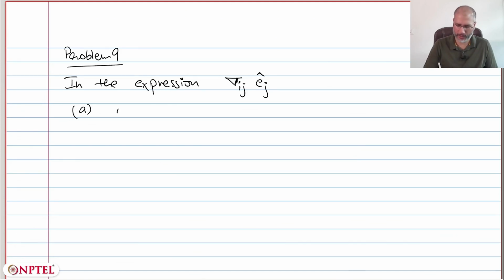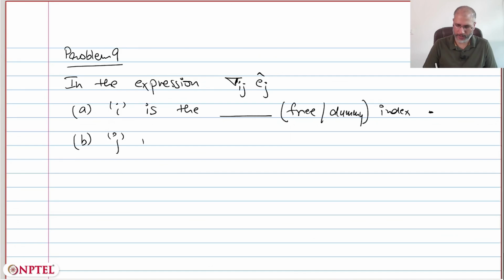The first part says that the index i is the dash index, and we have two options to be chosen from: free slash dummy. The problem B says that the index j is the dash index, and again we have the same two options, free slash dummy.